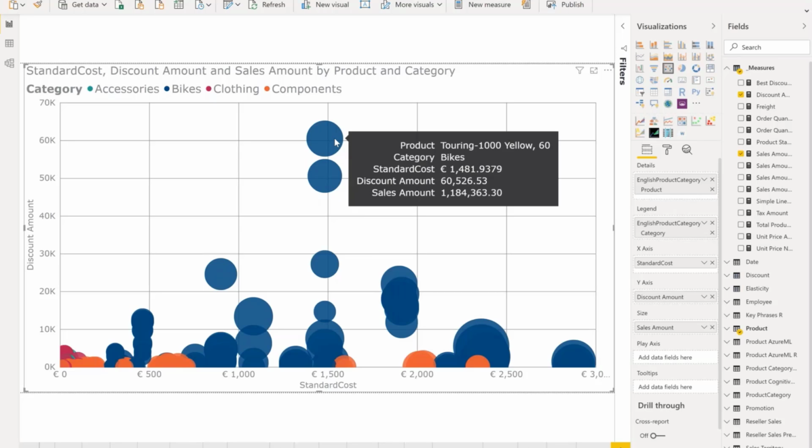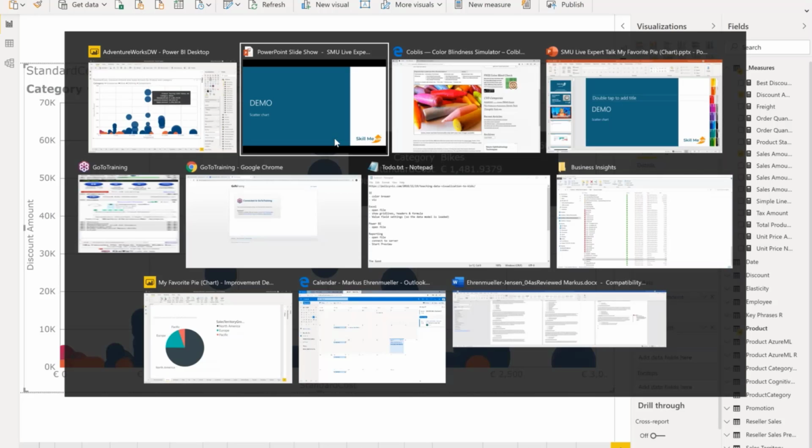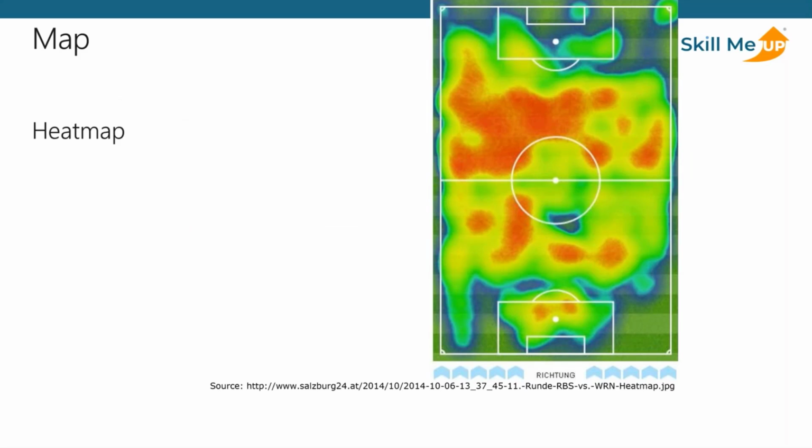And last but not least, we have the map. I try to stay away from maps because sometimes they are hiding things, or they're just showing obvious things, except for example the heat map. So we have a soccer game here, European football, not American football, soccer. And for example, we played in this direction. We see the red areas where our players spent most of the time.